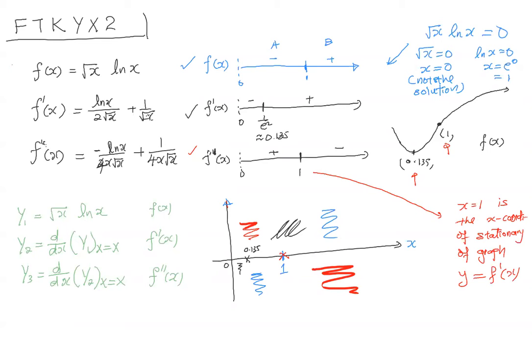That means you know that. And if I draw the black color graph, how do I know? It will go down, go up, stationary, come down. This is what your f'(x) graph looks like. Okay, so that means your f'(x) graph has a stationary point and it's a local maximum.